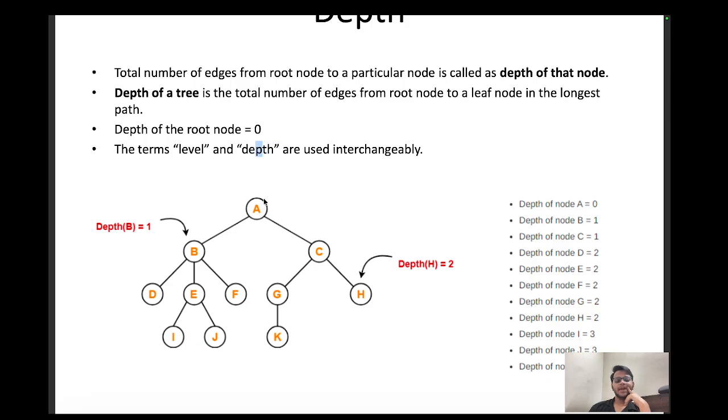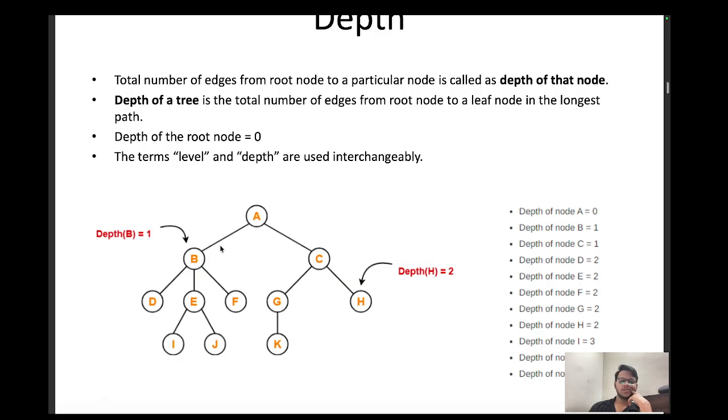We are taking A as the root node, and we have to take the distance from the root node to every node of the tree diagram. Correct. So if we take A, then from A to A we have distance 0. So the depth of node A is 0.